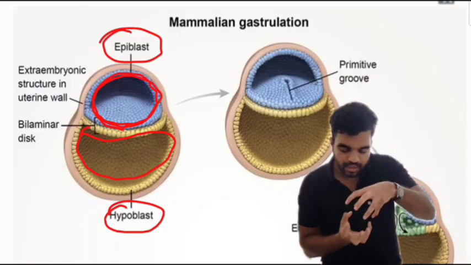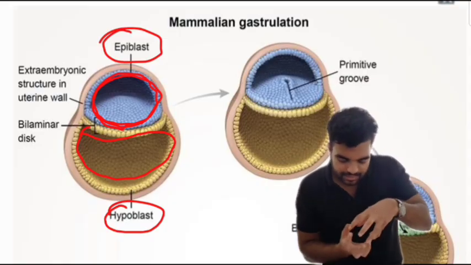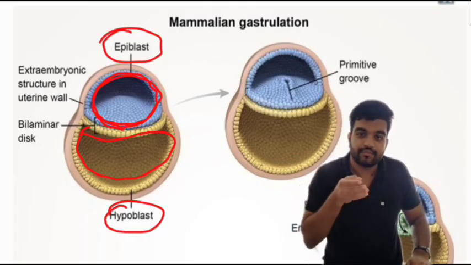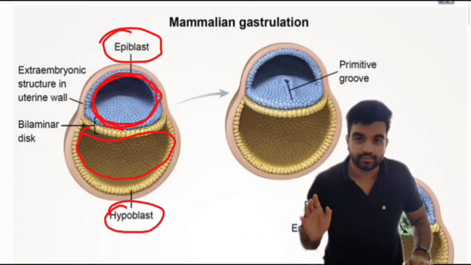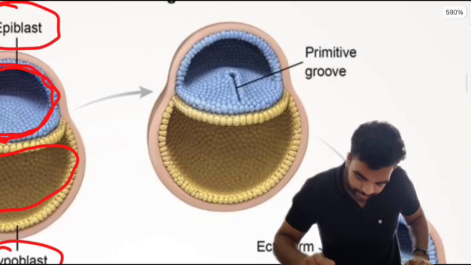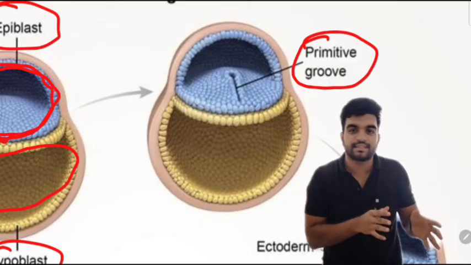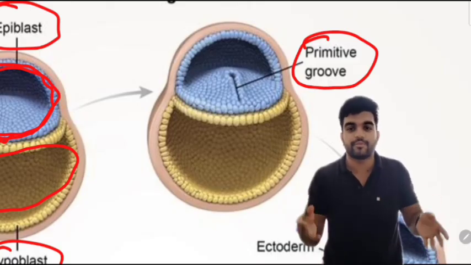Once this is formed, the epiblast goes on to form something known as the primitive groove. You've heard of this so many times in your first year MBBS also. Primitive groove formation will take place.